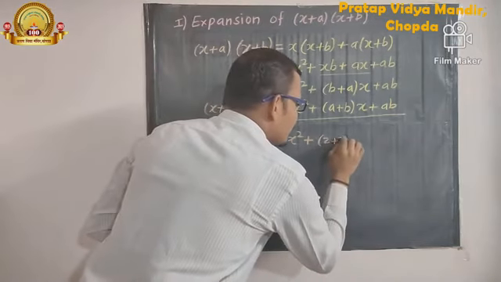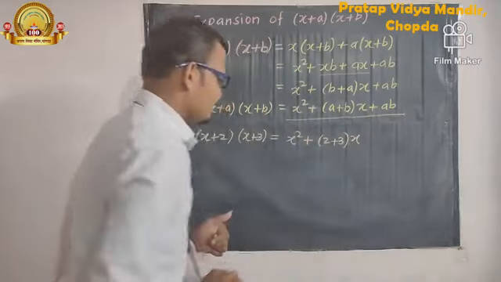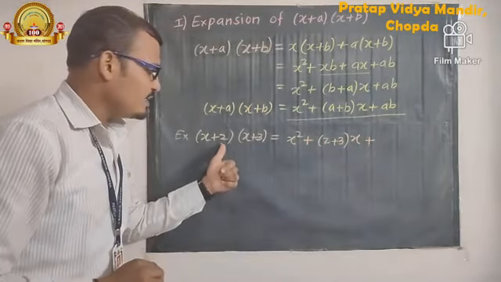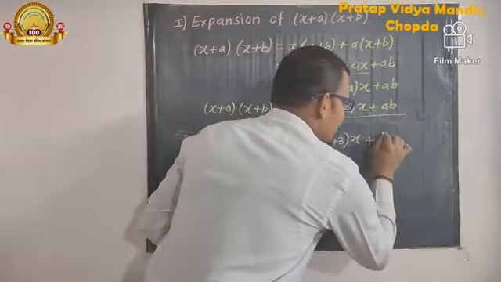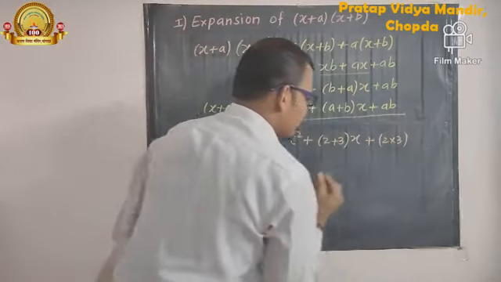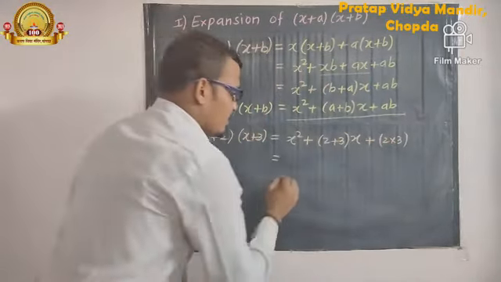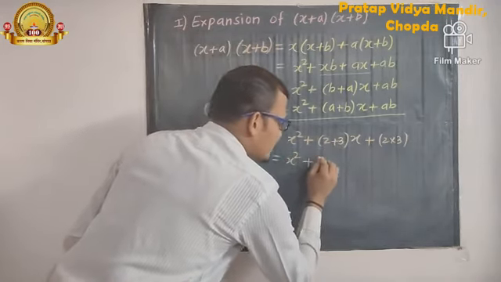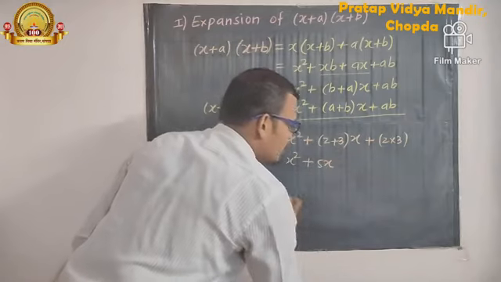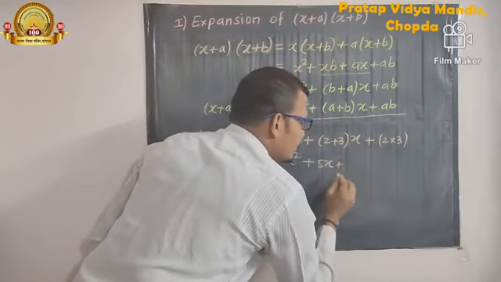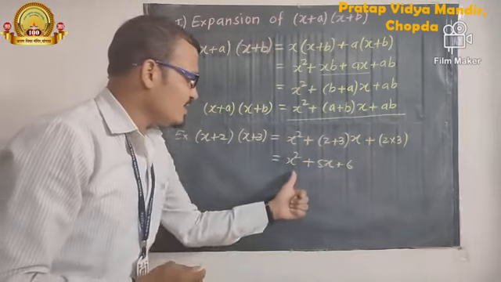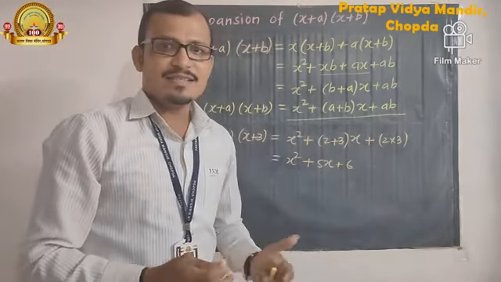So (2 plus 3) into x plus a into b. a is 2, b is 3, so 2 into 3. So x square as it is, plus 2 plus 3 is 5 into x, that is 5x, plus 2 into 3, 6. So our answer is x square plus 5x plus 6.